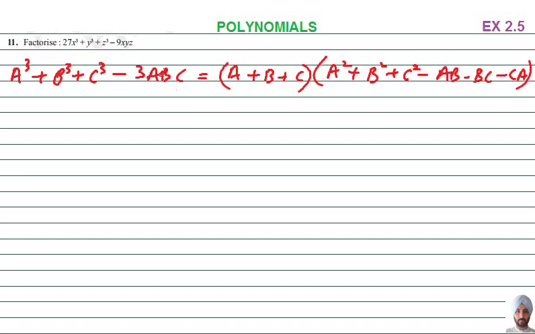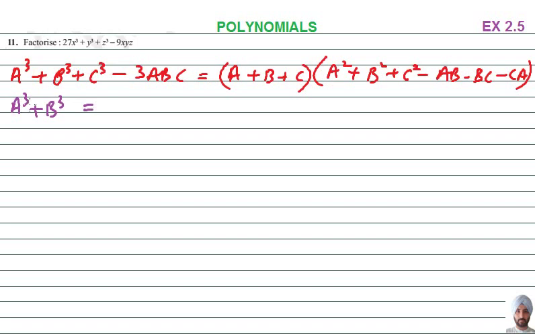But before moving further, let us compare this identity with what we have done just now. I'm going to compare it with a cube minus or plus b cube. Again we have individual cubes over here. A is a personal property, b is a personal property, c is a personal property.